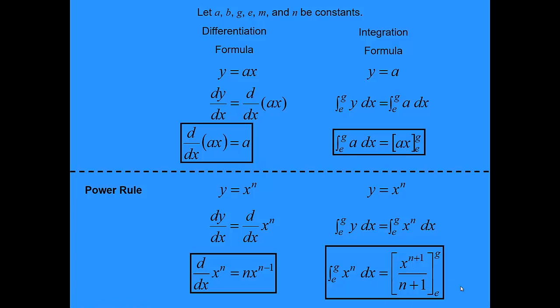In words, you'll hear me say this a bunch: to take an integral, you add 1 to the exponent and divide by the new exponent. We're going to do some examples. Derivatives: multiply by the exponent, subtract 1 from the exponent. Integrals: add 1 to the exponent, divide by the new exponent. We'll see how this works.